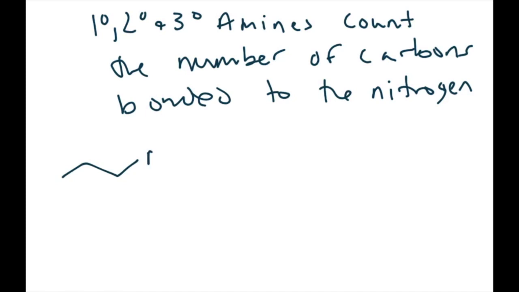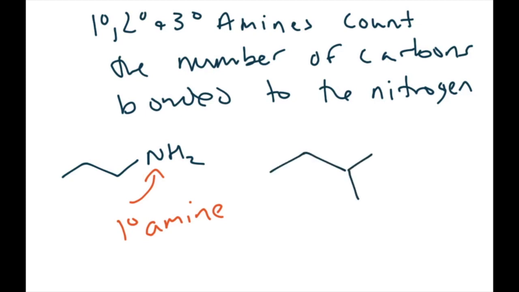So this nitrogen has one carbon bonded to it. So this is a primary amine. It doesn't matter if that carbon bonded to the nitrogen is primary, secondary, or tertiary. It just matters how many carbons are on that nitrogen. This nitrogen is on a secondary carbon, but it's only bonded to one carbon. This is still a primary amine.